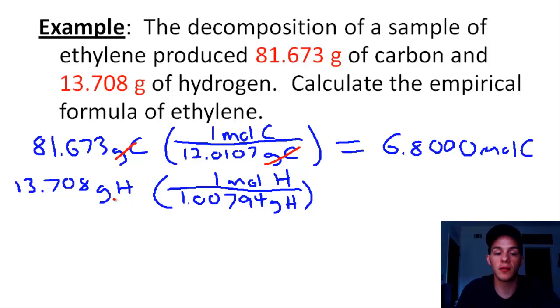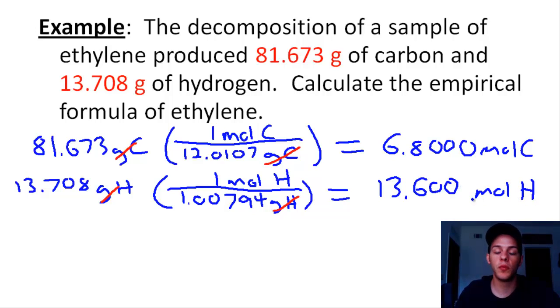Again, this is from the periodic table. As always, we're going to cancel out our units. Grams cancels with grams. And our answer is 13.600 moles of hydrogen. So what we've just done is we've determined the moles now, or the amounts, instead of the relative masses.